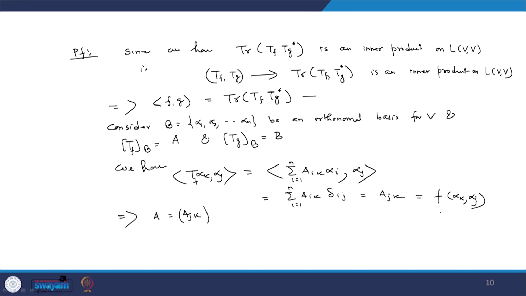So, this will be equal to a_jk times the inner product of alpha j and alpha j. Because f of alpha k, alpha j is equal to the inner product of T_f alpha k and alpha j, we have like this.